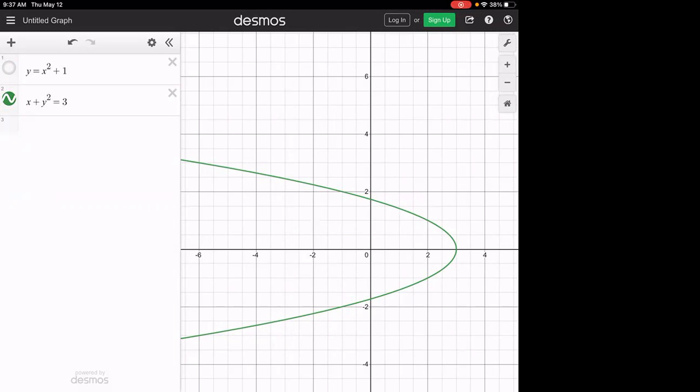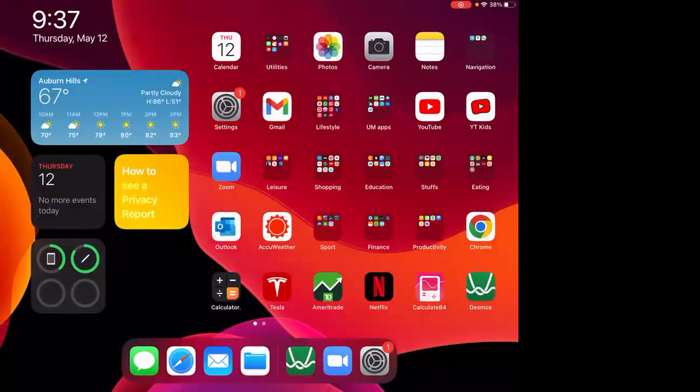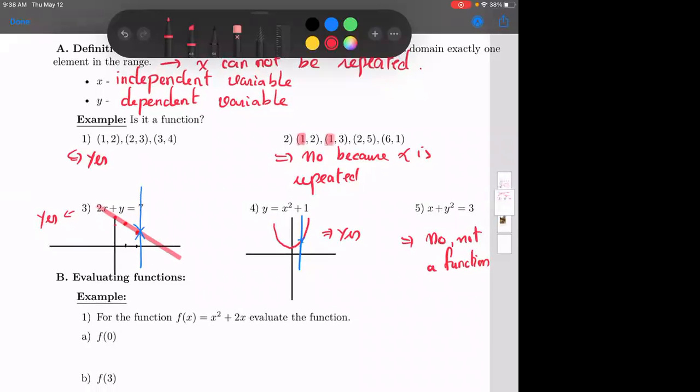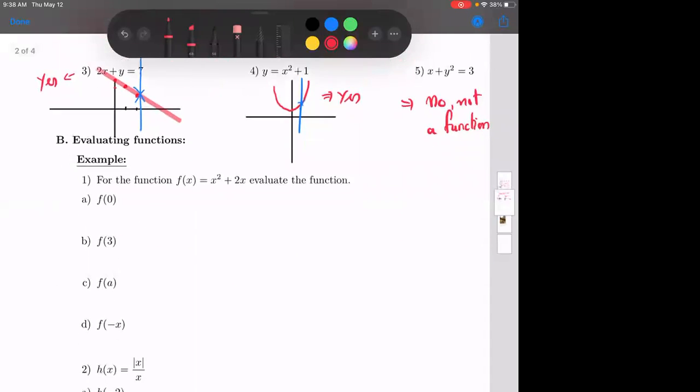If I pick 0, it gives you 0 comma something. How about this? Negative 1 gives negative 1 comma 2, and negative 1 comma negative 2, right? So x repeated. So no, I'm not going to write it, I will draw it. No, not a function. So that's okay. Pretty simple.